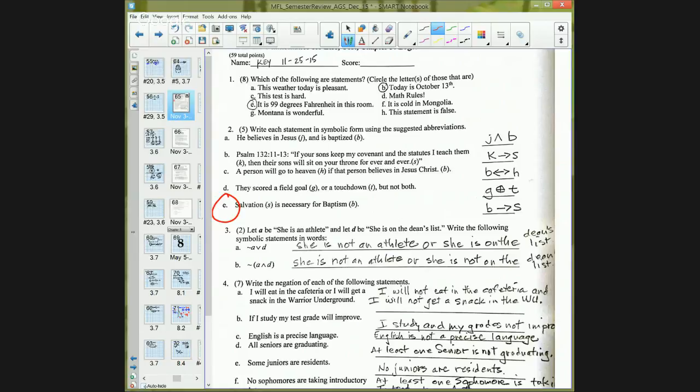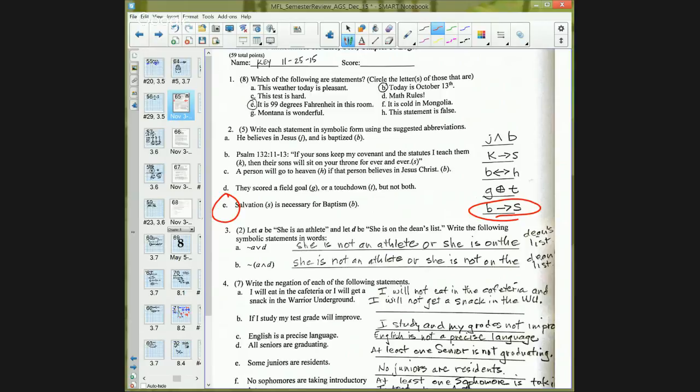If you look at the answer here, you're right. The arrow has to point to salvation. A lot of people wrote if S then B, but the S has to be on the receiving end.